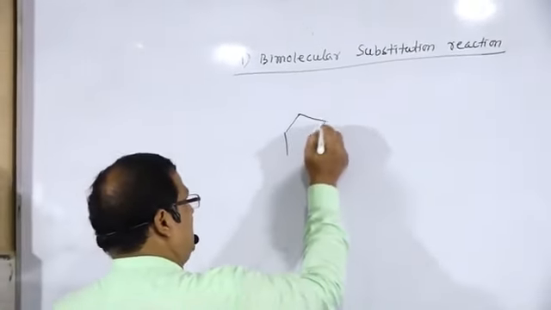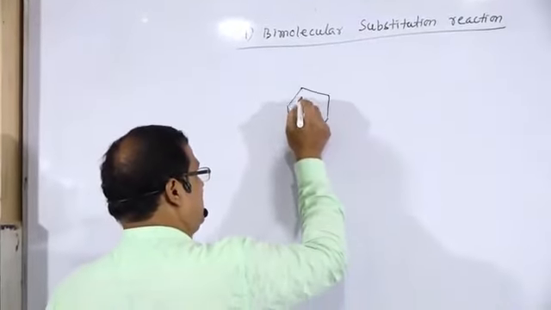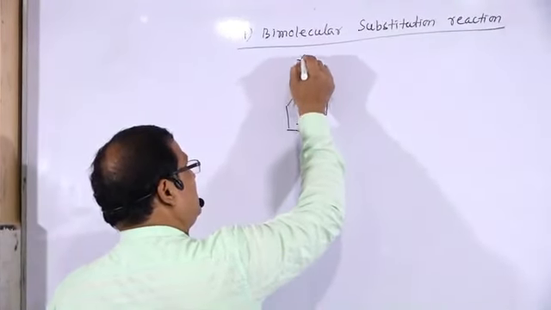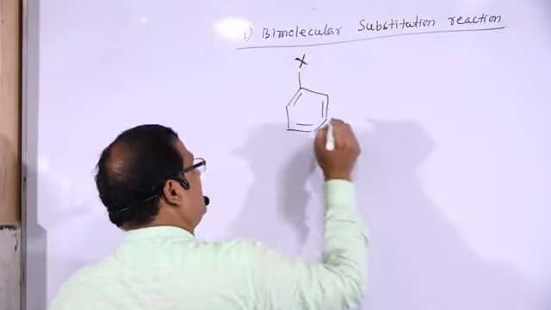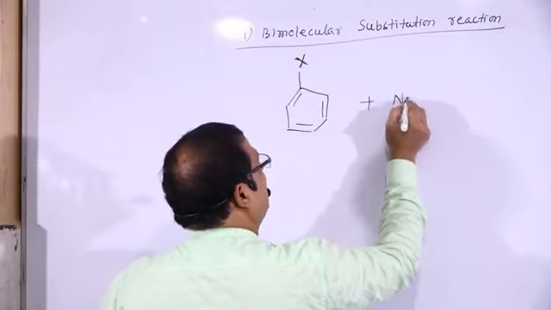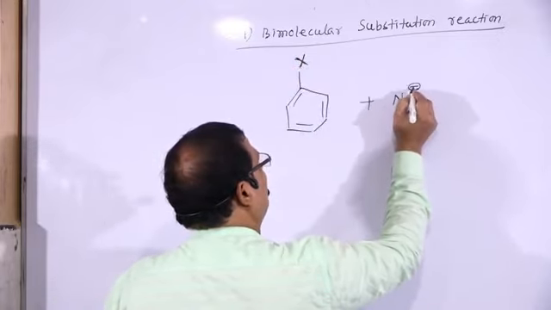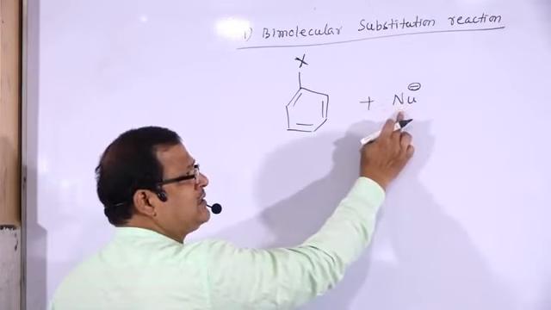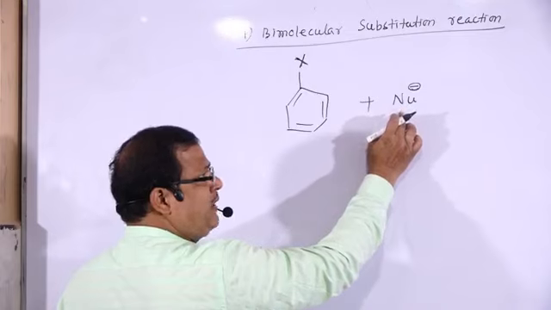Let us take X as the halogen and Nu- as the nucleophile, which may be OH-, CN-, or NH2-.